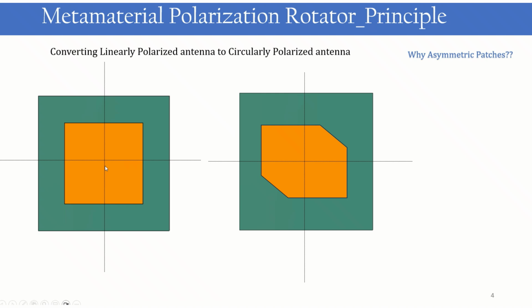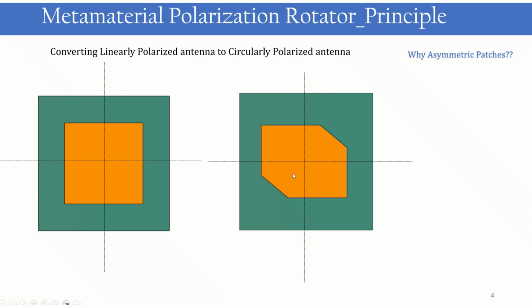If we want to obtain circular polarization from this structure, what we usually do is cut the opposite ends, so it will be like this. By cutting the opposite ends, we are making the structure asymmetric. By making the structure asymmetric, we can obtain circular polarization from it.